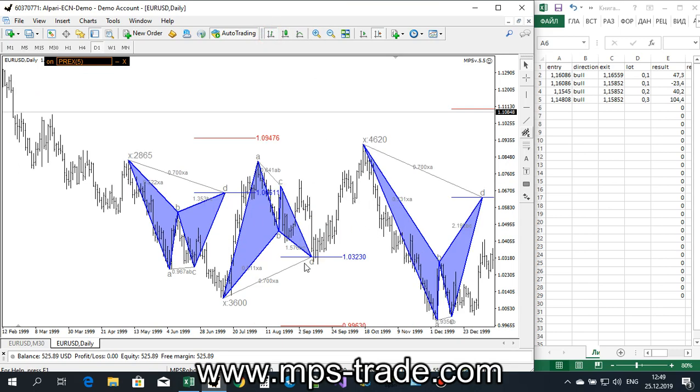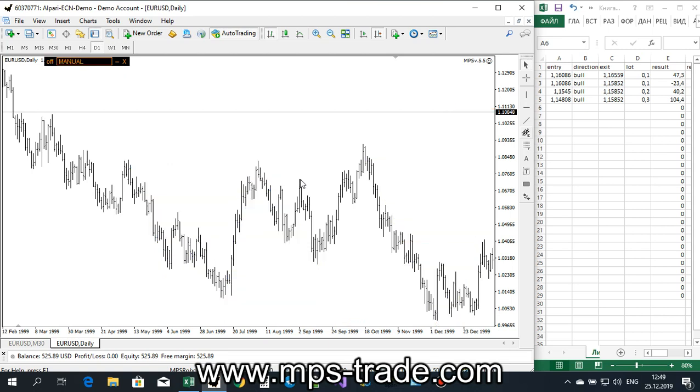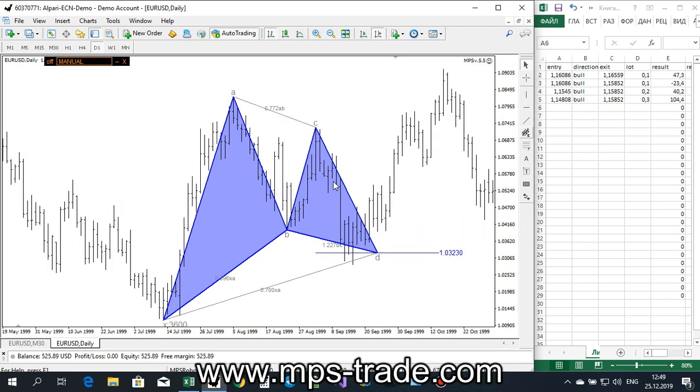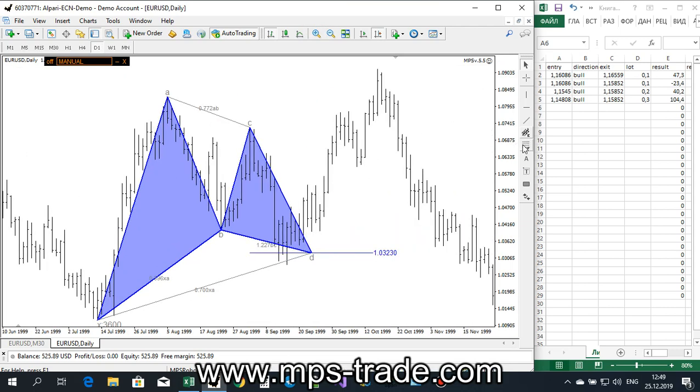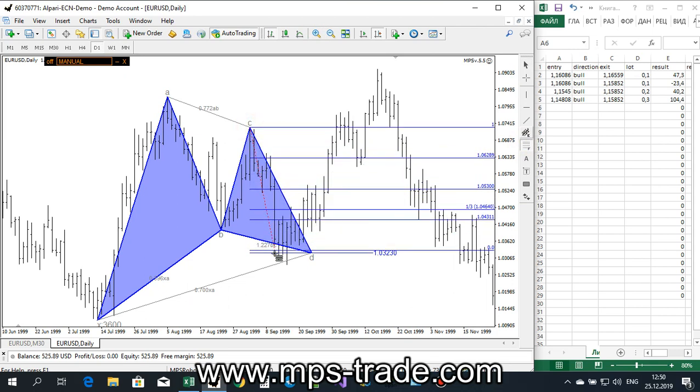Obviously this didn't complete, and this one we violated the B point and we violated the C point. Did we violate the overall pattern? So let us see. If we draw the new C point and the new B point, we can see that the pattern was not violated. Okay, so let us find what was the minimal price.